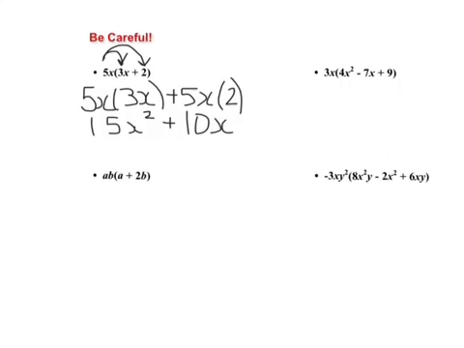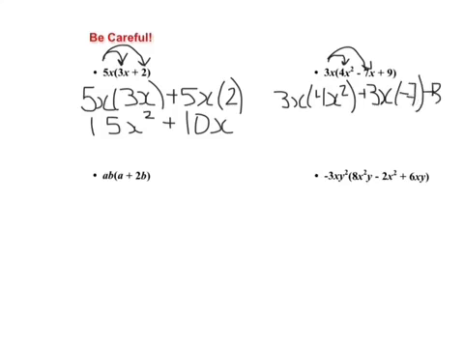Alright, let's keep going. We have 3x times a trinomial. So now you have to keep multiplying it by everything inside this trinomial. So 3x times 4x squared, 3x times negative 7, and 3x, and I'm going to run out of room here, times 9.